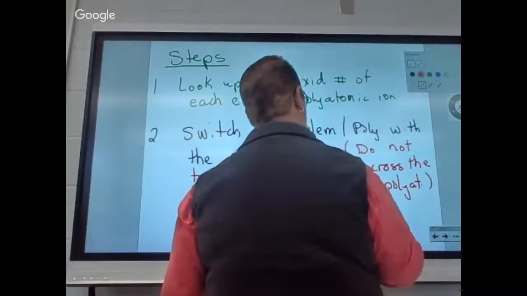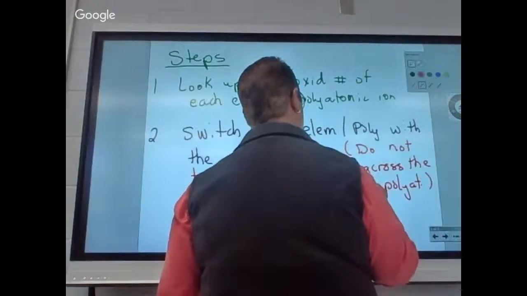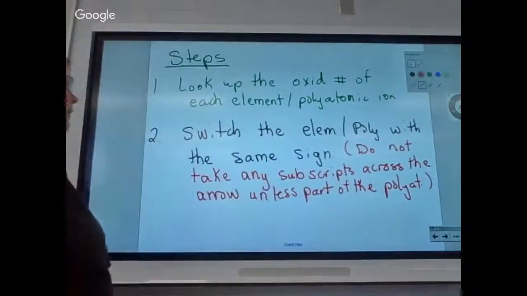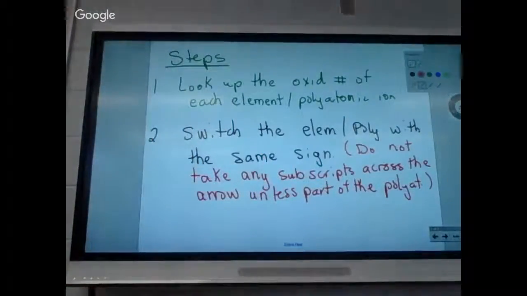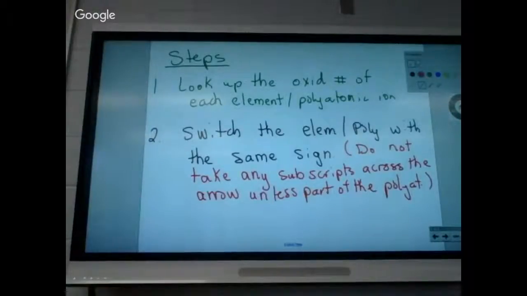I didn't write all that out, so if you want to, you can write it out yourself. So you're going to switch the element or polyatomic ion with the same sign. Do not take any subscripts across the arrow unless it's part of the polyatomic ion.